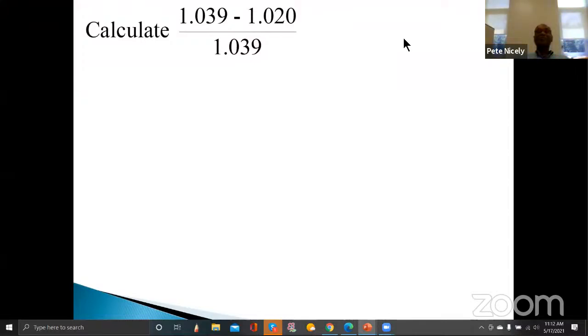For example, we're doing this, right? Of course, in the numerator part of this setup, we have a subtraction taking place. And then the result of that will be divided by what's down here as the denominator, all right?